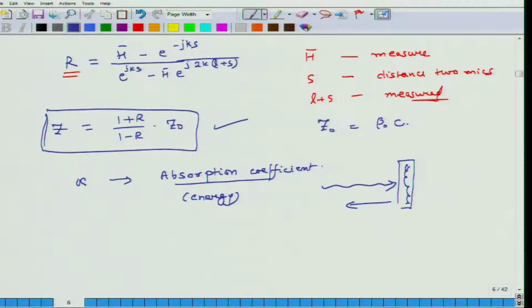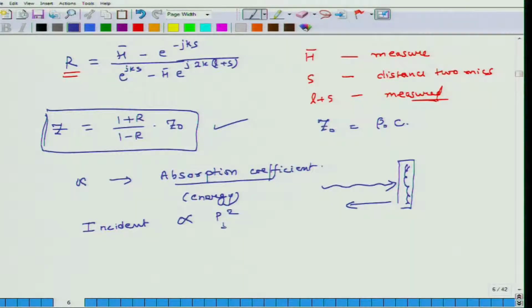Okay, it's not related to amplitude. So my incident energy is directly proportional to the amplitude of the wave, right? Not directly, but to its square. The incident energy is proportional to the incident pressure wave amplitude squared.